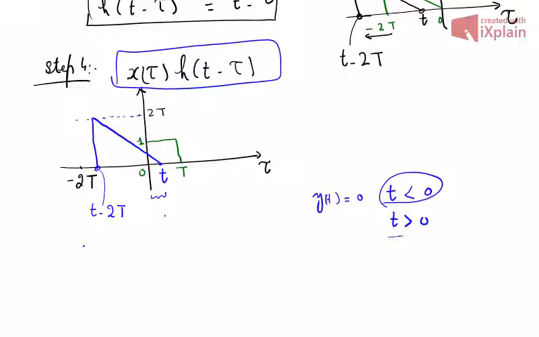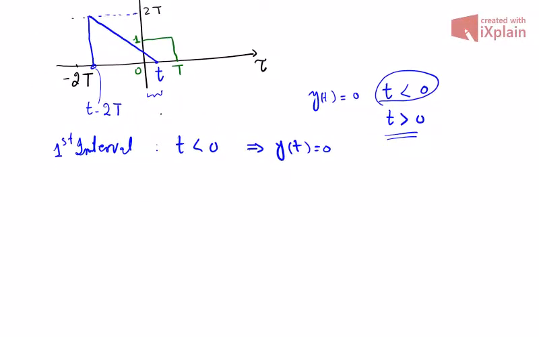And the next interval, so we have the first interval, t less than 0, which implies that our signal y of t is actually equal to 0.